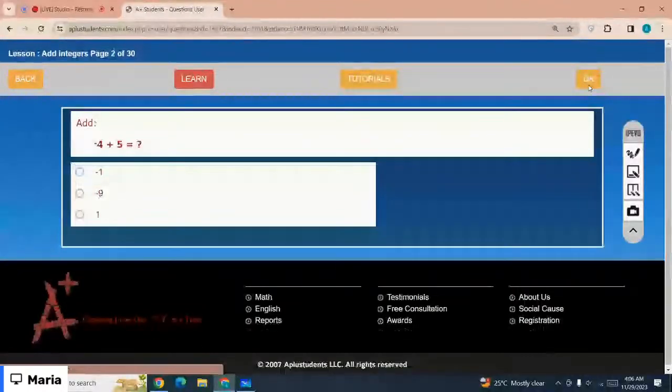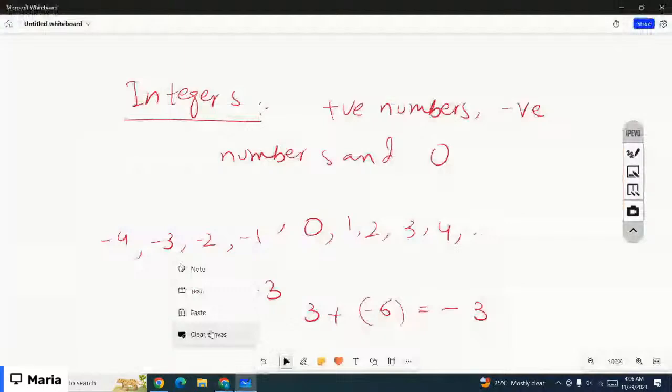Okay, let's just discuss the rules first. You can note down these rules. Make sure you have your notebook and pencil so that you can note them down, right? When you're next time working on addition, you can see these rules.